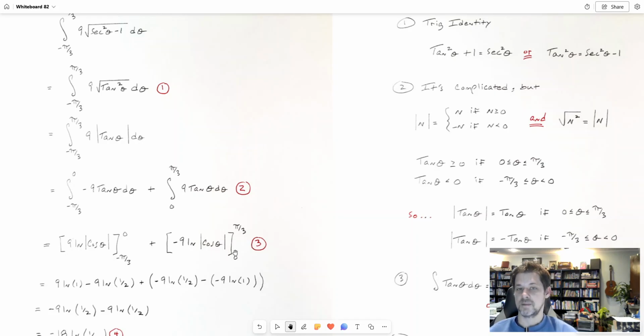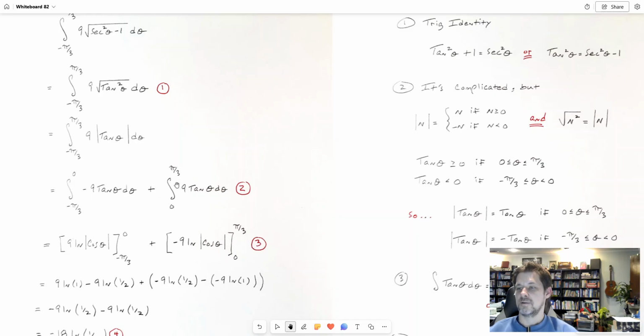So what is the absolute value of something when we know it's negative? It's the opposite of what it is. The absolute value of n is the opposite of n if you know n is negative. So I'll say the absolute value of tangent theta is negative tangent theta if I know that tangent's negative, and that would be from negative pi over 3 to 0.